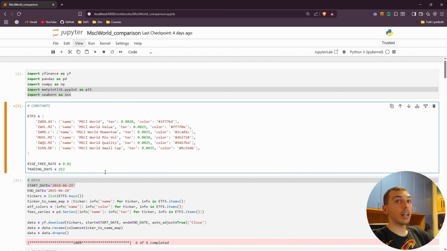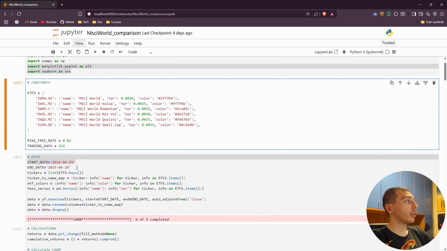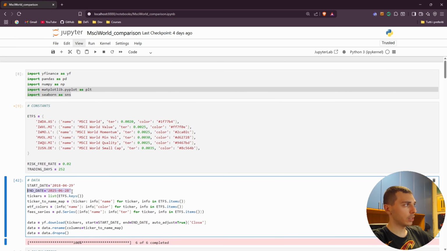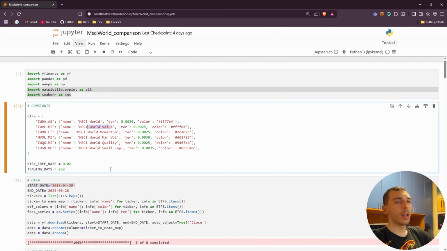Then I define a dictionary with the ETFs we'll be looking at, all from iShares, covering a period from 2018 to 2025, basically last week, the 28th of June. And I've set this specific start date because that's when our newest ETF, the value one, was launched, and we want to ensure a fair comparison across all the ETFs.